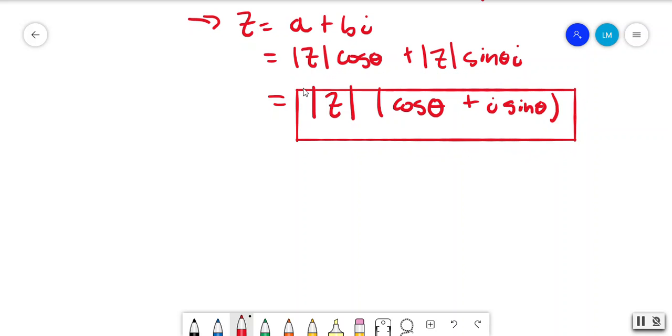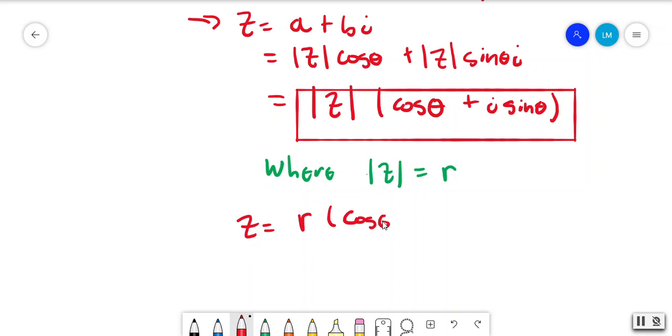Now, I did mention that z is typically r. So I'm going to add in here that the modulus of z is equal to r. That means the complex number in polar form is always just r times cosine of theta plus i sine theta.